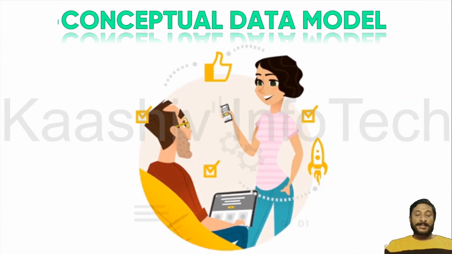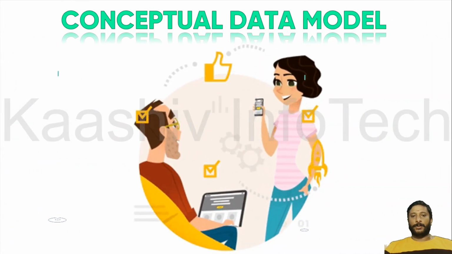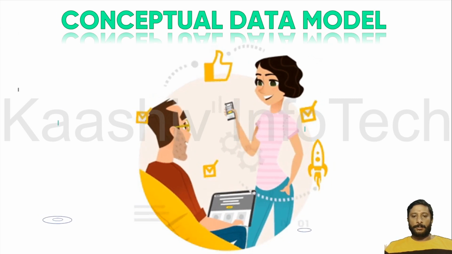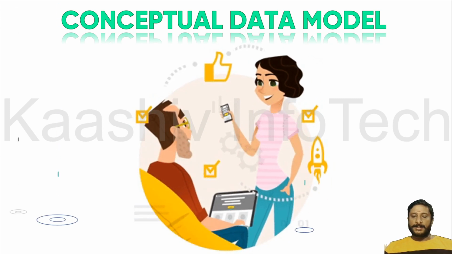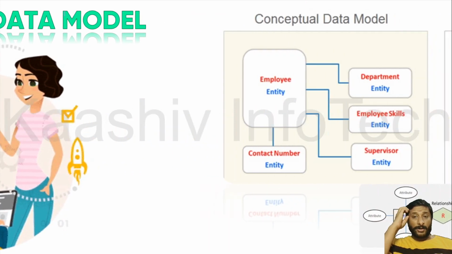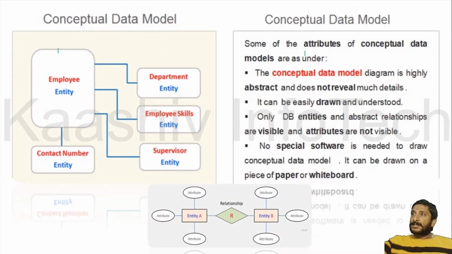Now, the first thing we are going to talk about is the conceptual data model. What is a conceptual data model? It is about what areas I need: employees, departments, employee skills, supervisors, contact numbers. What are the main areas you want?